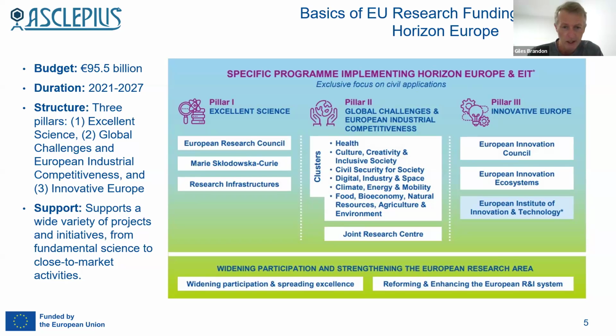One of the things that gets funded there is doctoral networks. I think that would be something potentially very interesting for Eliva to apply to, perhaps with the partners involved in ASCLEPIUS. Under Pillar 2, Global Challenges, the one at the top, Health, is the obvious one.